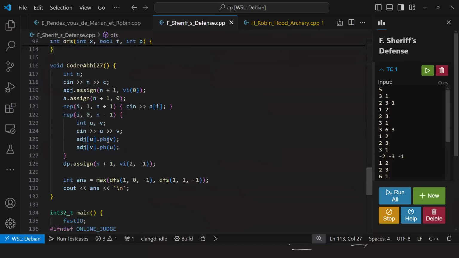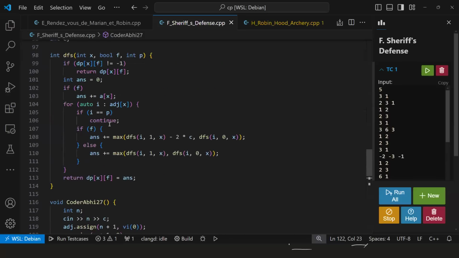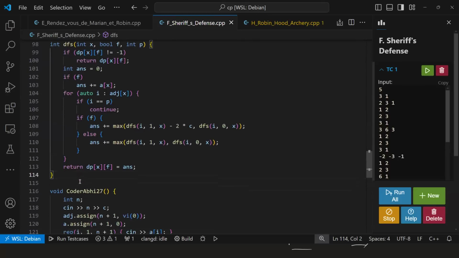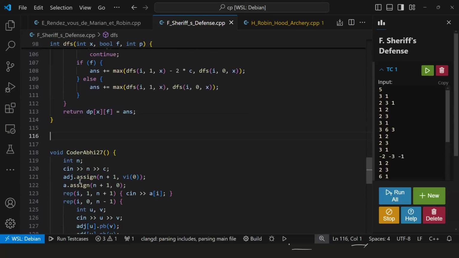This DP is clear. What would be its time complexity? It's simple. We are running a DFS, and these transitions are O(1). So basically this whole computation is a DP of n into 2 states, so it would take O(2n), as each transition is O(1).